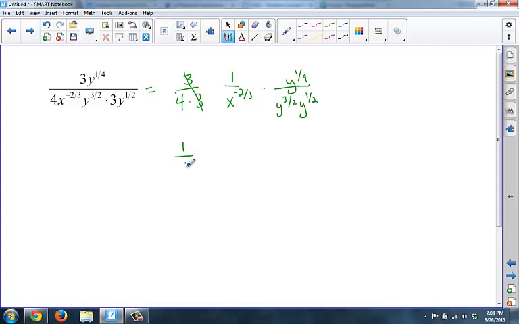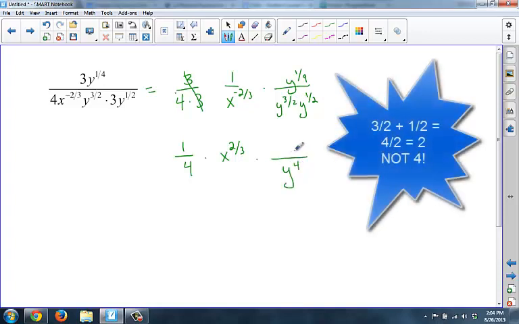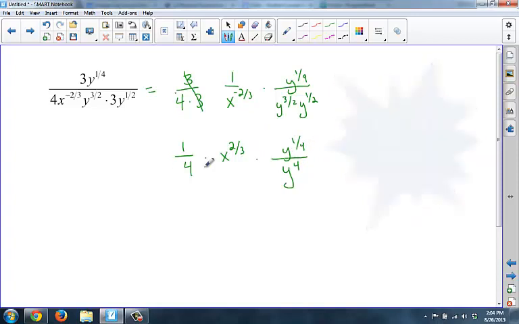I'm left with 1/4. The 1 over x to the negative 2/3 means that x to the 2/3 goes on top because of the negative on the bottom. And then here, how am I going to simplify this? Well, I can add these exponents because 3/2 and 1/2 is 4. And then I still have y to the 1/4 on top. So far, these are taken care of. Now, the question is, will this simplify?